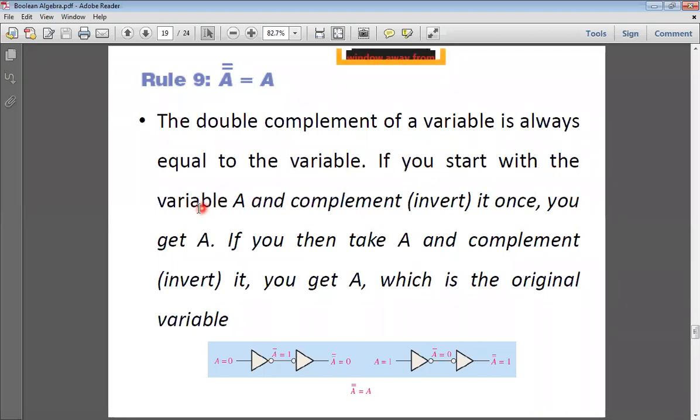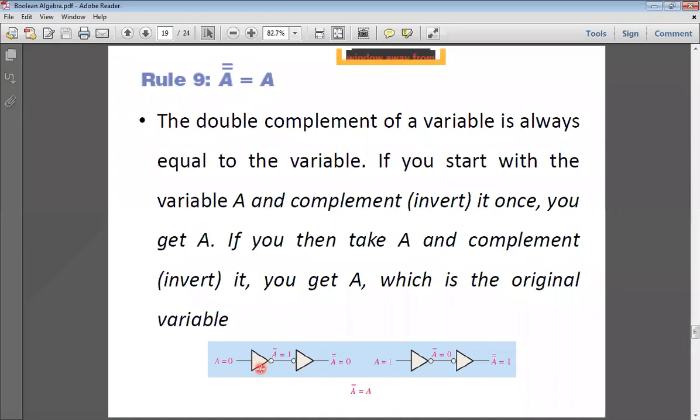If you start with the variable A and complement it, meaning invert it once, you get A bar. If you then take A bar and complement it, invert it, you get A, which is the original value, and it is shown here.